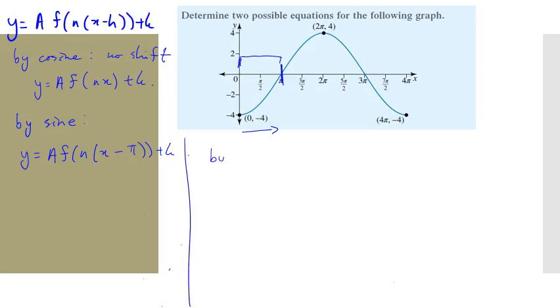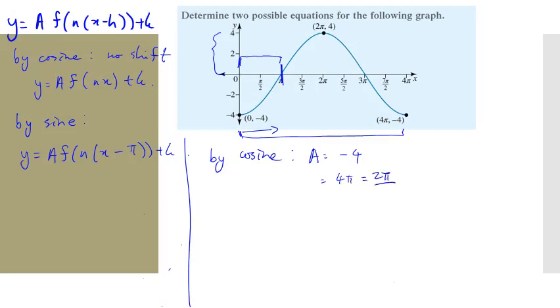So by cosine, our a, this is a flipped over version of sine, so that's negative. So we have -4 as the amplitude, because that's our height. Our n is our period. If you look on the period here from the start to the finish, that's 4 pi.